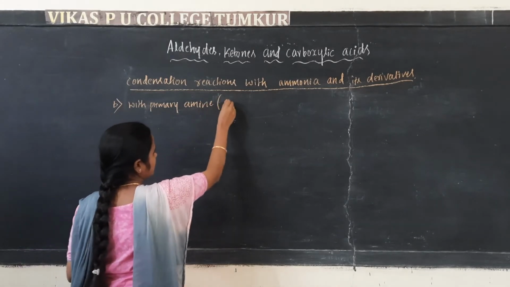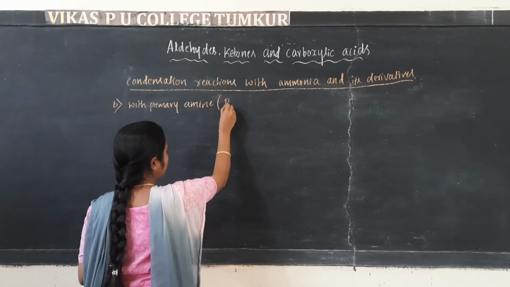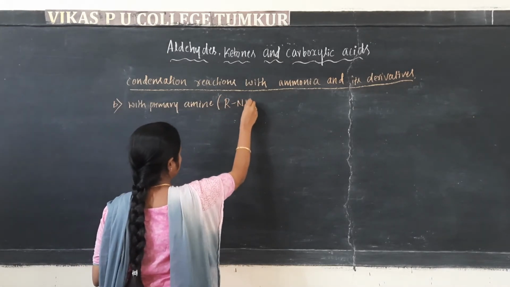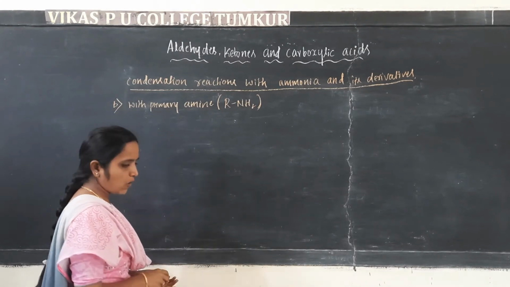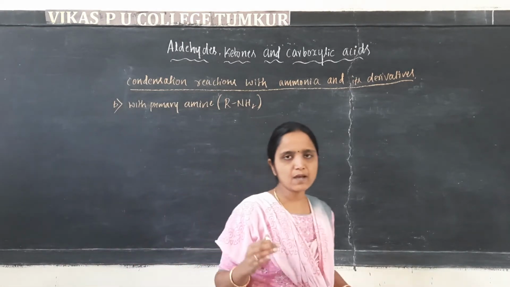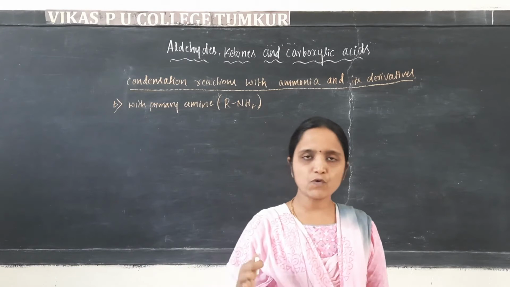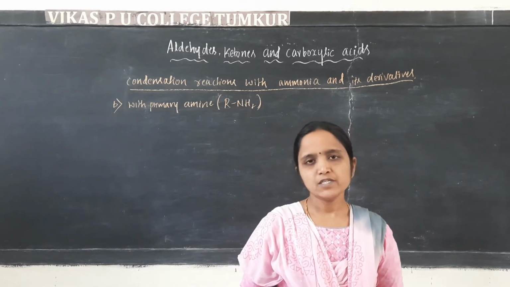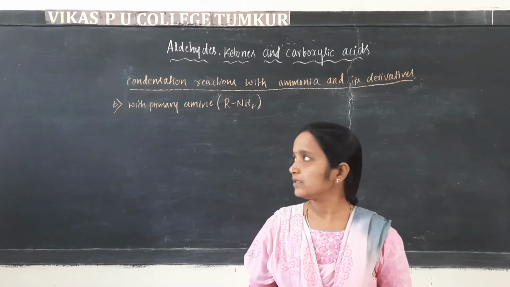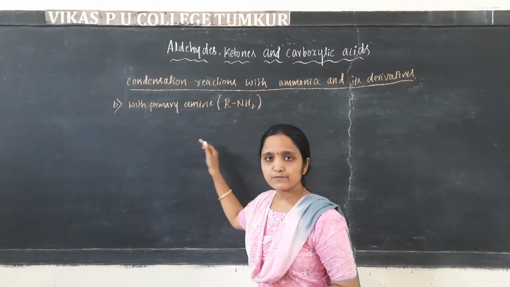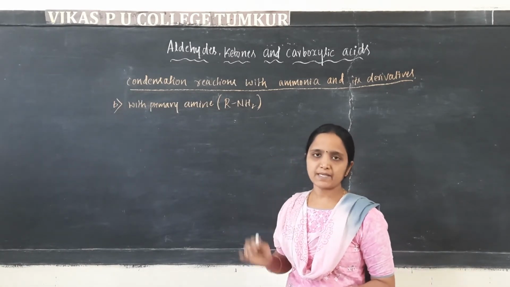Primary amine is represented like this: RNH2. Here the aldehydes or ketones react with the primary amine, and a respective substituted imine is formed.